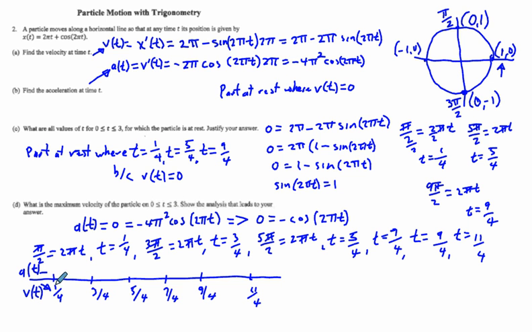And now picking a number between 1/4 and 3/4, for example 1/2, 2 pi times 1/2 is pi. The cosine of pi is -1, so -1 times this negative out front is positive. So here we're positive.